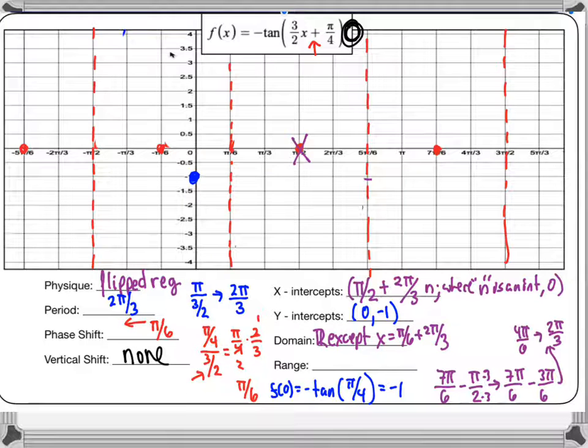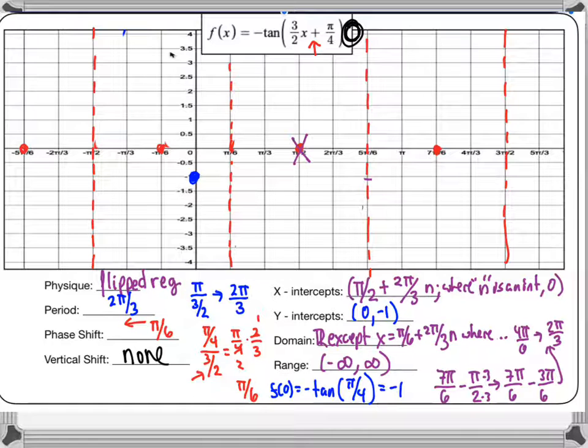And so the domain is all real numbers except pi over 6 plus 2/3 pi n, where n is an integer. And I'm just going to leave it like that. And then the range, we know, is going to be negative infinity to positive infinity because of the nature of tangent, okay? You can't plug everything you want into the tangent, but anything that you want, you can get out of tangent.